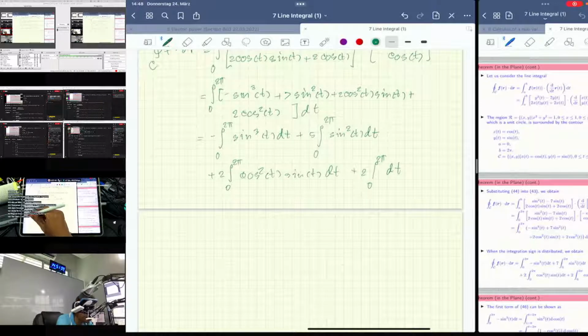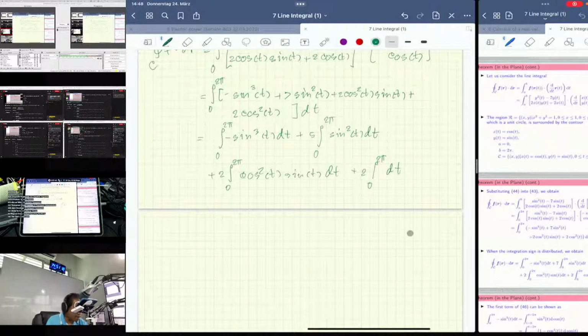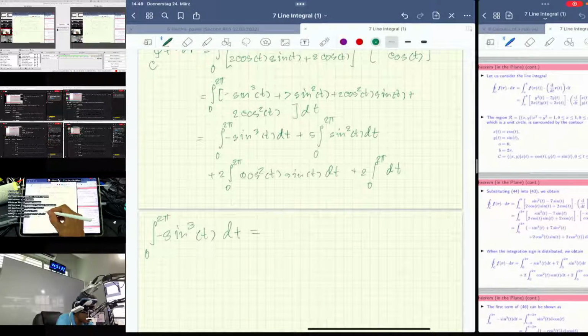Okay, negative here. Okay, integration from 0 to 2 pi of negative sine power of 3t dt will be integration from 0 to 2 pi sine square t.